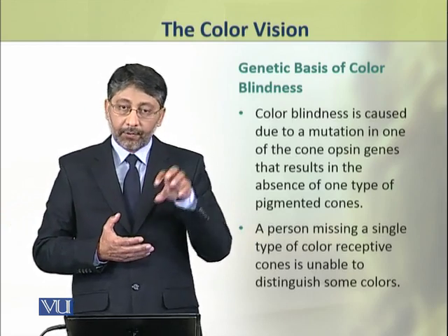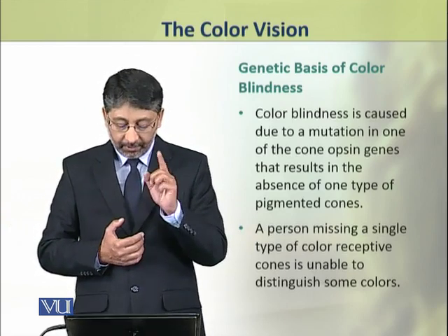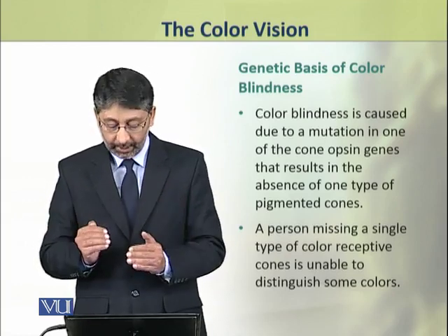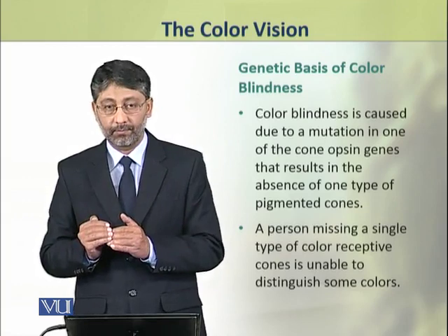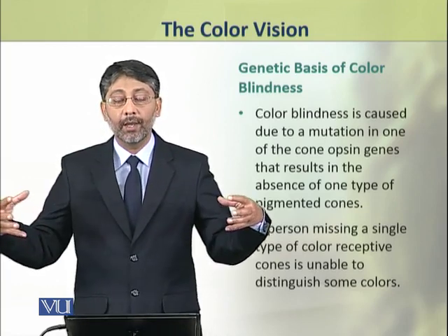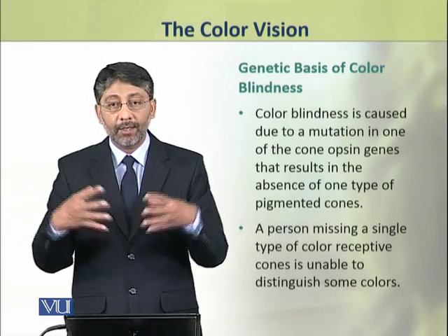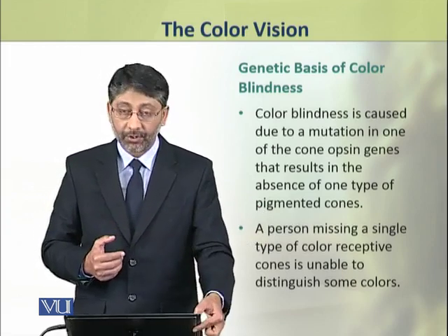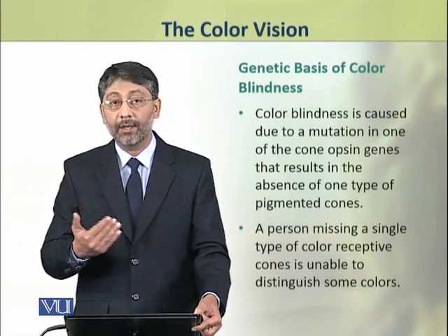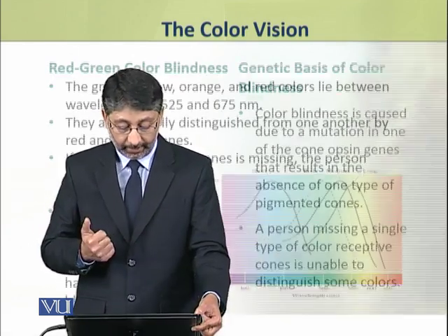A person who misses a single type of color receptive cones is unable to distinguish some colors. प्राइमरी कलर को भी नहीं डिस्टिंग्विश कर सकेगा और जो उससे मिलने वाले इंटरमीडिएट ह्यूज हैं वो भी डिफरेंशिएट नहीं हो सकेंगे. इस तरह से एक कलर ब्लाइंड पर्सन कई तरह के रंग आपस में डिस्टिंग्विश नहीं कर सकता.